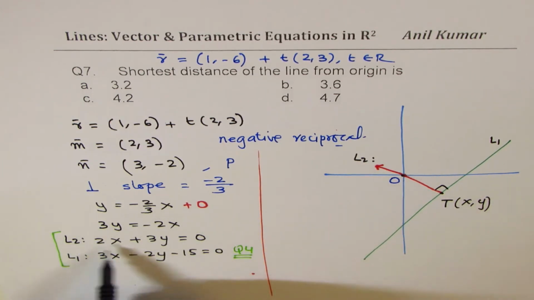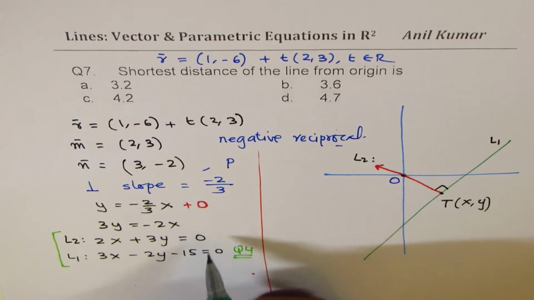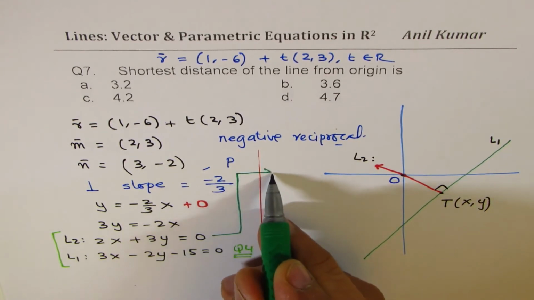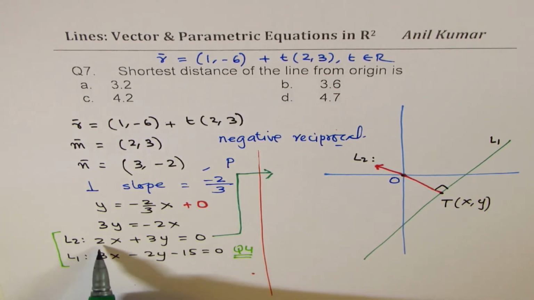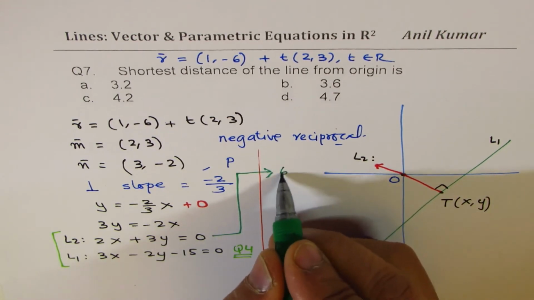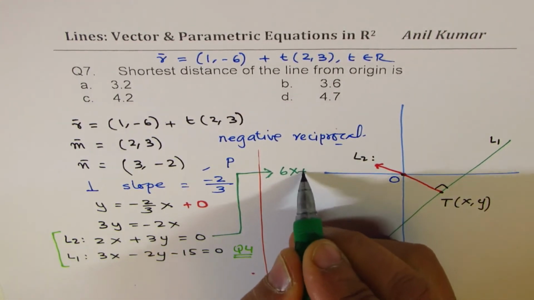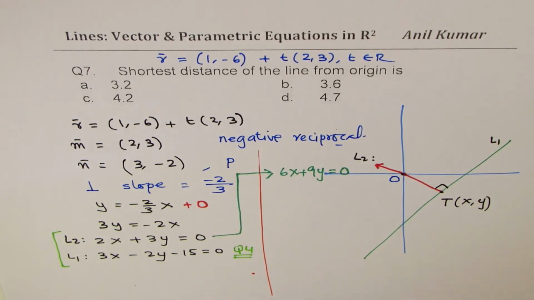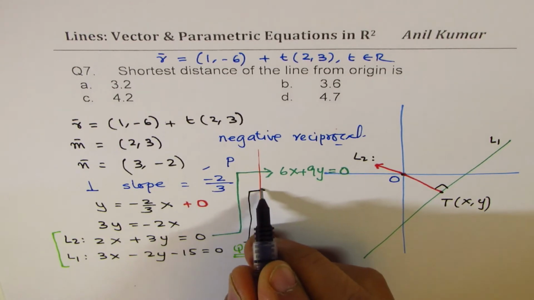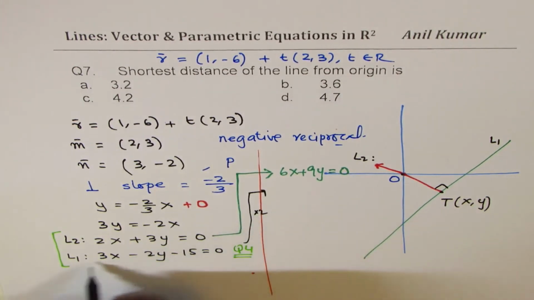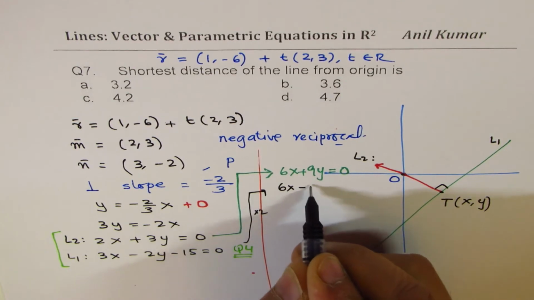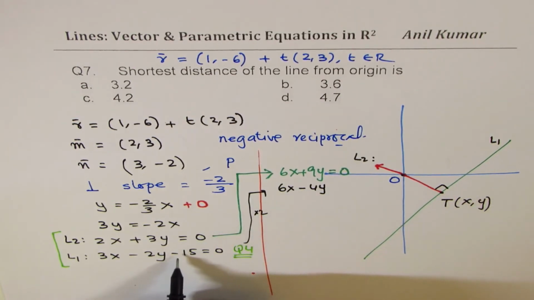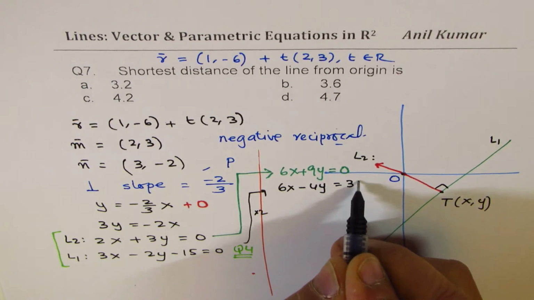Now these two equations we can solve by the method of elimination or substitution. Let me multiply the first equation by, let's say, 3. So if I multiply this by 3, I get 6x plus 9y equals 0. And if I multiply the other equation by 2, we get 6x minus 4y equals, taking 15 to the other side, 30.